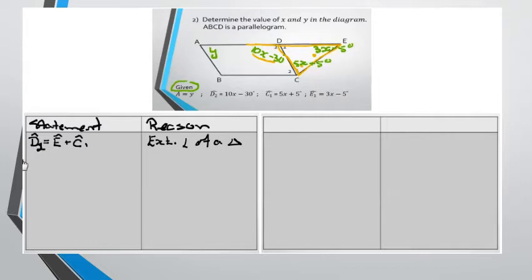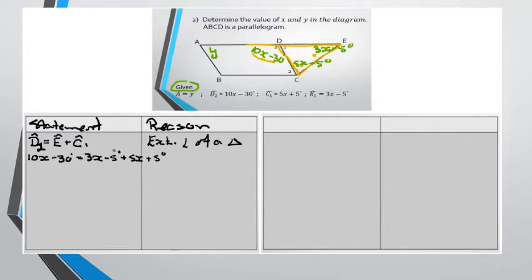Right, therefore, I'm going to have 10x minus 30 degrees equals angle E, 3x minus 5 degrees, sum of the opposite, that means plus 5x plus 5 degrees.